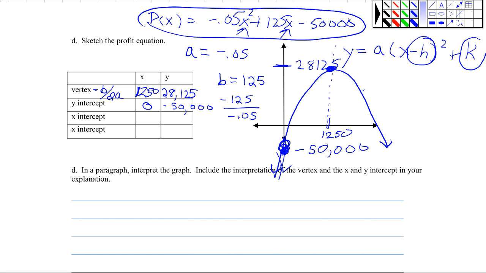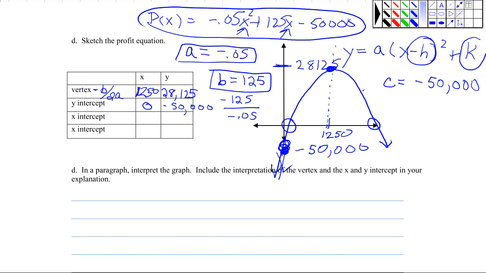Now, in order to find the x-intercepts, that'll be a little bit harder. There are two ways to go about it. One is just by using the quadratic formula. So we already said that a was equal to negative 0.05, that b is equal to 125, and that c is equal to negative 50,000.